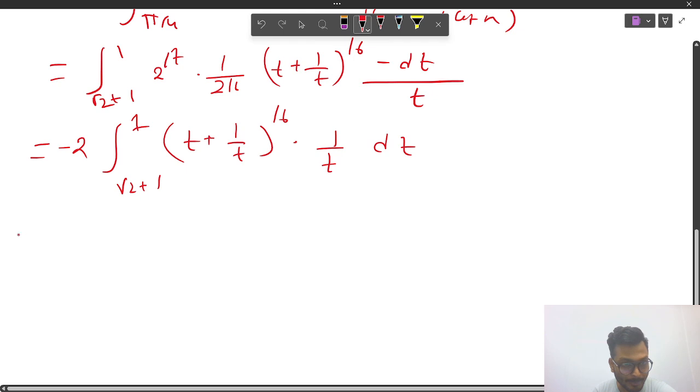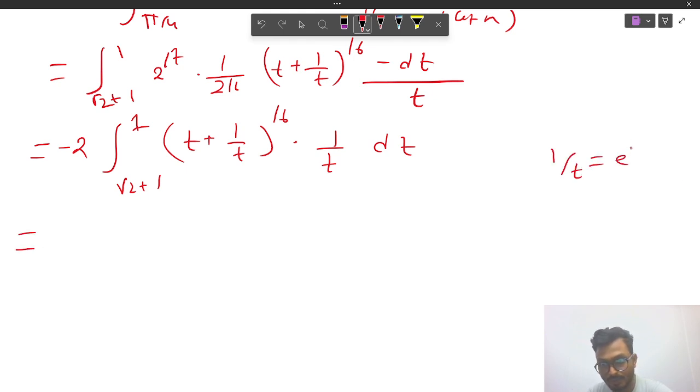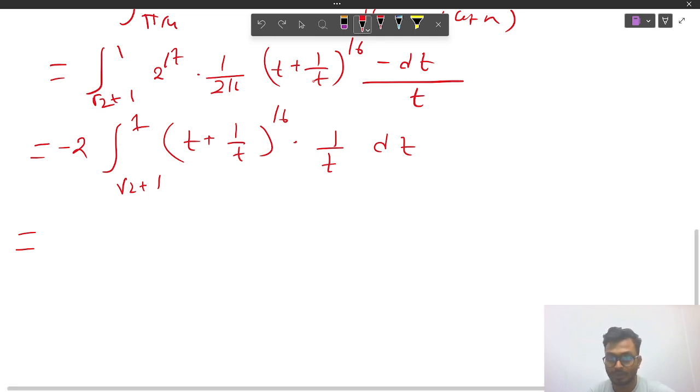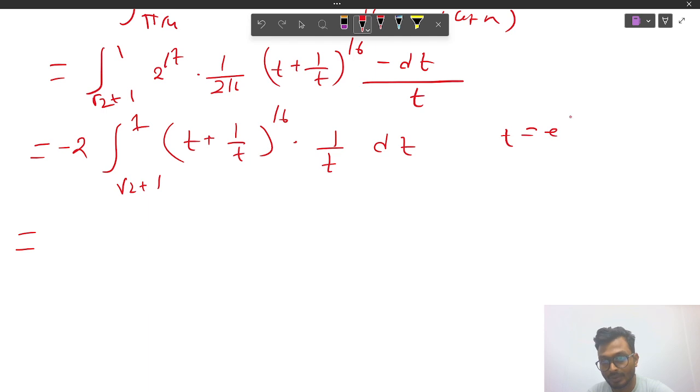Now let us put t equals e power u. So dt will be e to the power u du. This will be minus 2. What will be the limits?